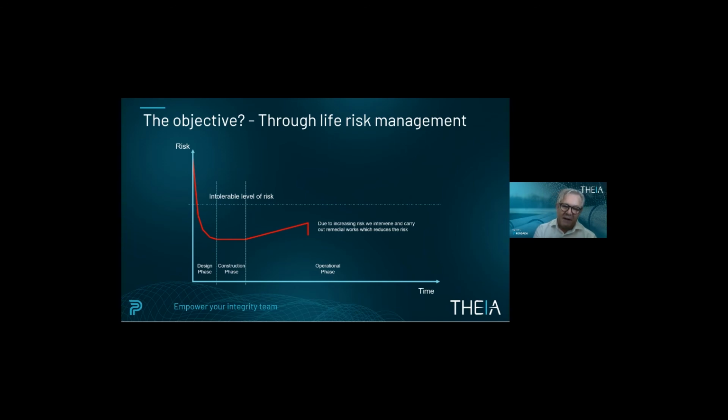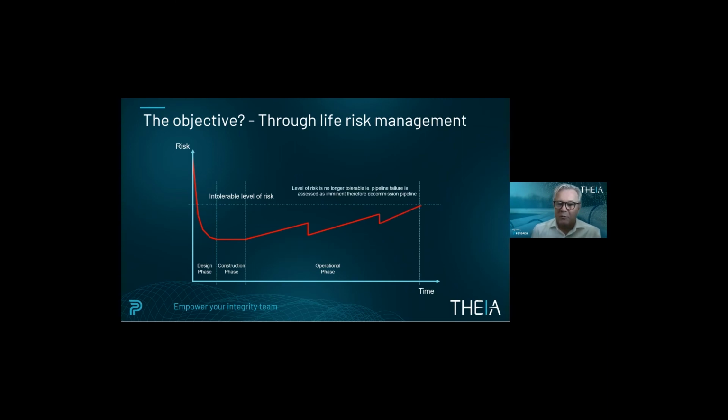Just inspecting won't change your risk, but it gives you the opportunity to do something which will change your risk. It decreases uncertainty, so you can discover the condition of your line, and then you continue to go through that process of intervening, undertaking repairs or other kinds of mitigating actions, and eventually it becomes intolerable.